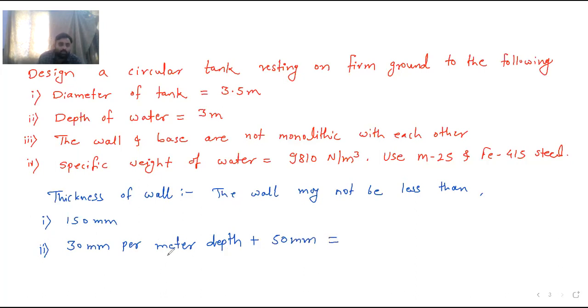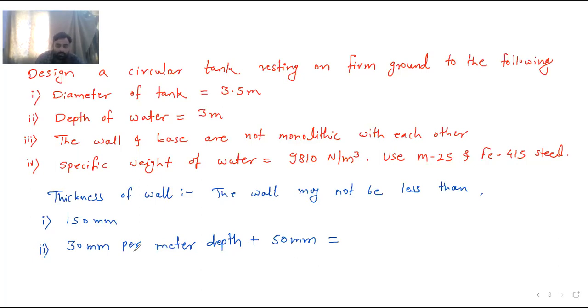Now what is the depth of the water tank? Here it is 3 meter. So per meter means for 1 meter we have to consider 30 mm. So for 3 meter it is 90 mm.